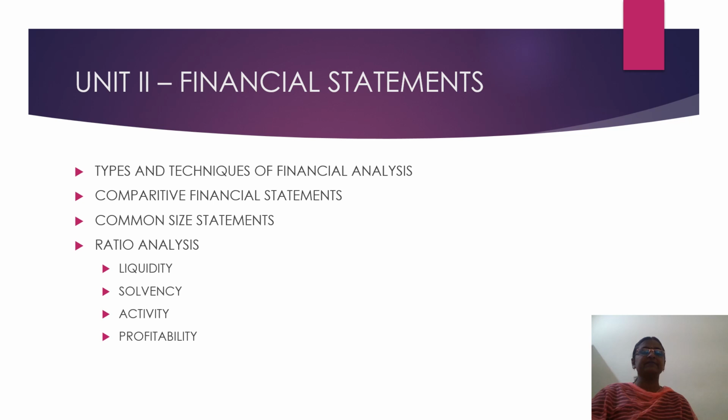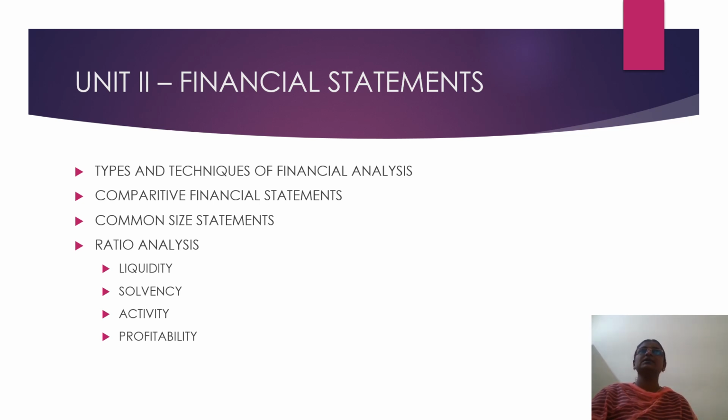As you all know, there are different types of ratios like liquidity, solvency, activity, and profitability ratios. The P&L account and balance sheet will be given to you, and you will be asked to prepare ratios from that. When you are asked to prepare liquidity ratios, you have to prepare current ratio, liquid ratio, absolute liquid ratio. When you are asked to prepare solvency ratios, you have to prepare debt equity ratio, interest coverage ratio.